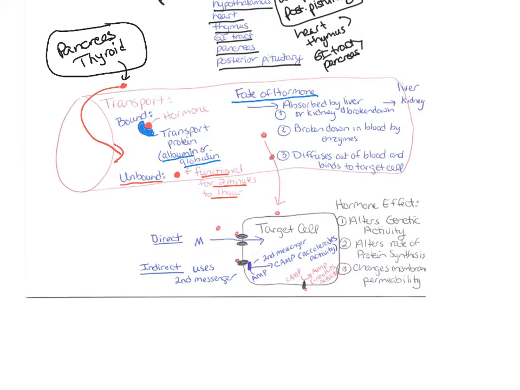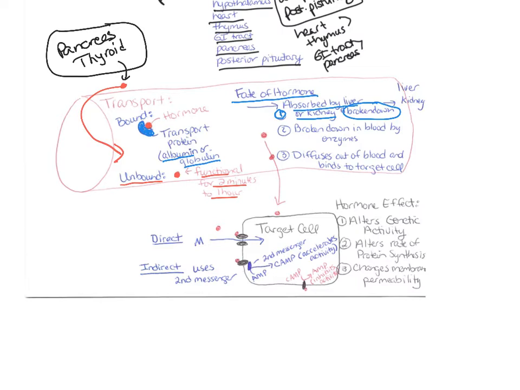So first of all, as it's traveling through the blood, it might end up going through the liver, because blood goes through the liver. And as it goes through the liver, it might leave the blood and get absorbed by the liver cells. Or if it goes through the kidney, it might leave the blood and be absorbed by the kidney cells, in which case it's going to be broken down, right?